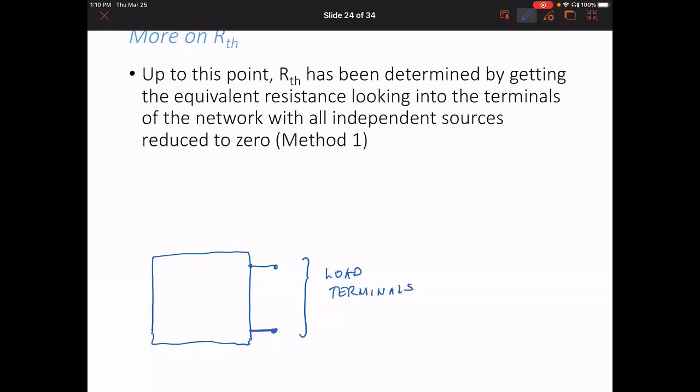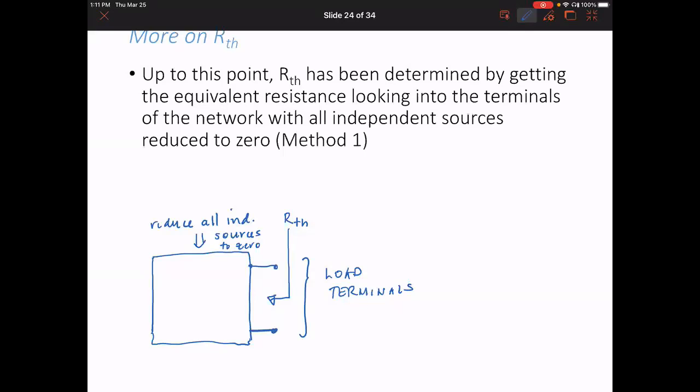The Thevenin resistance is the resistance looking, so this is RTH, the resistance looking into the load terminals, with all the independent sources reduced to 0.